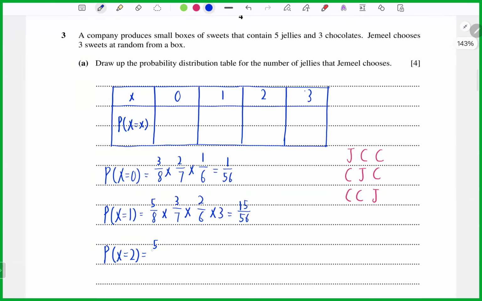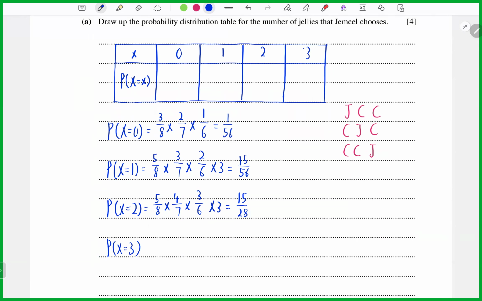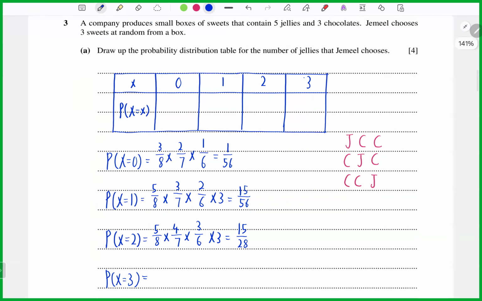Okay, let's find x equals 2. You can take 5 over 8 multiply 4 over 7 multiply 3 over 6, and then multiply 3 times, which equals 15 over 28. And now for the last, x equals 3, it means they will choose all jellies. So you take 5 over 8 multiply 4 over 7 multiply 3 over 6, which equals 5 over 28.